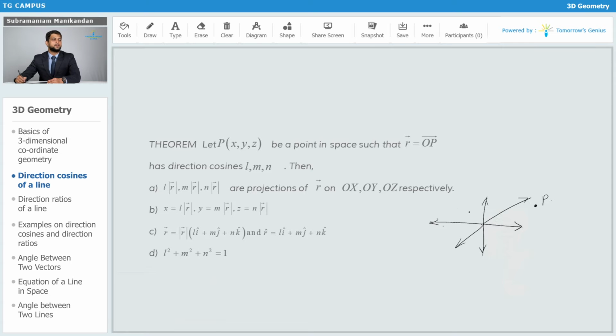Suppose we have a point here, given by x, y and z. This is the x-axis, this is the y-axis, this is the z-axis.